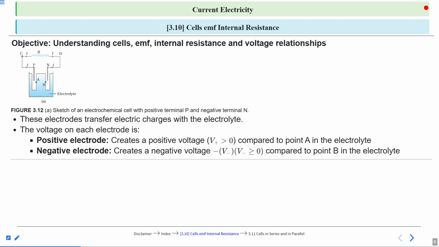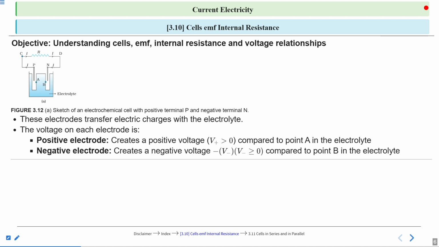The positive electrode has a positive voltage V plus, denoted by V positive, which is greater than 0 compared to point A in the electrolyte. So compared to point A, this electrode P is at positive voltage V positive, greater than 0.